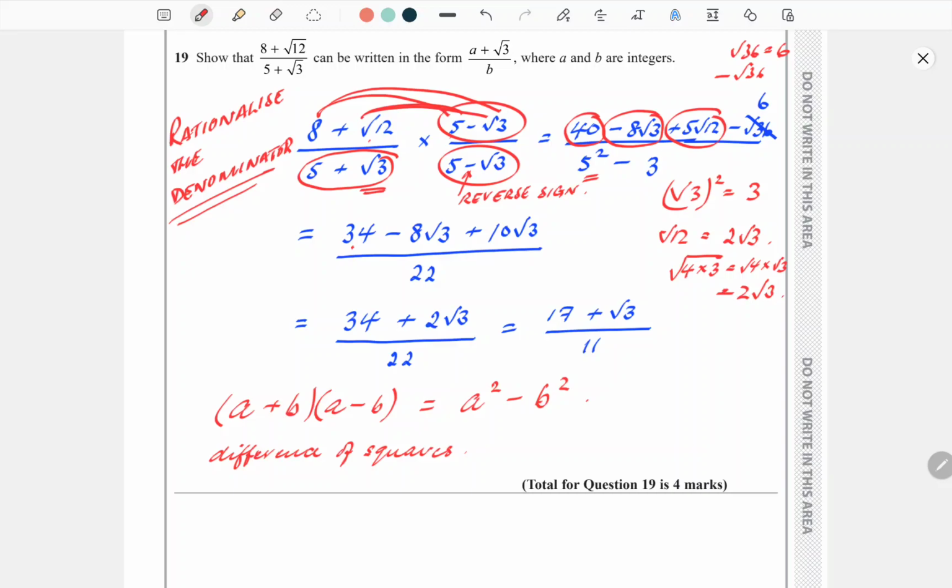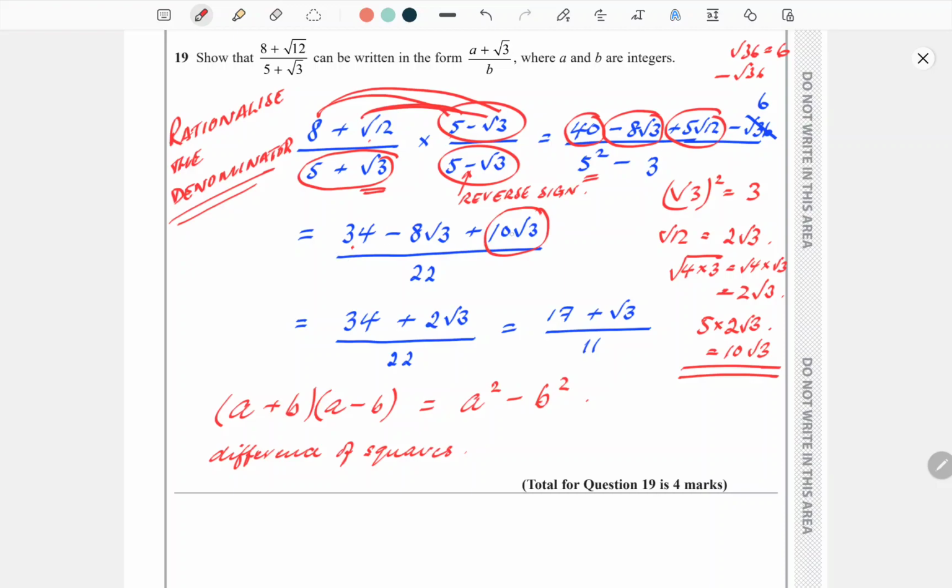So the 5 root 12 effectively is 5 times 2 root 3. That's where we get the 10 root 3 from. So that's where that number there came from.